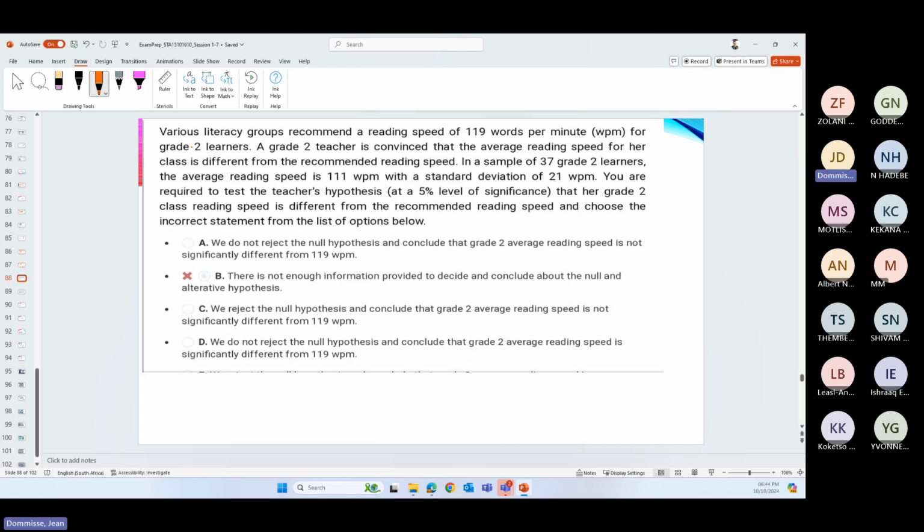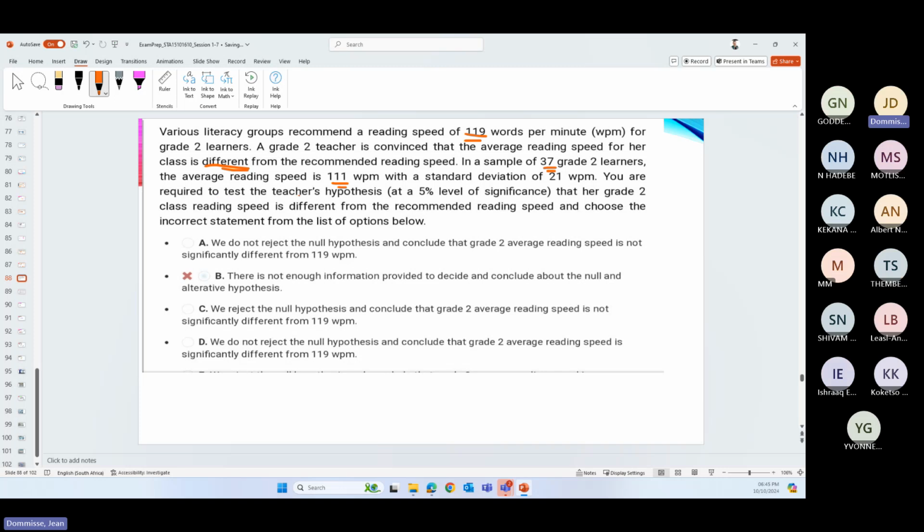So the literature group recommends that the reading speed is 119 words per minute. The grade 2 teacher is convinced that the average reading speed for her class is different from the recommended speed. In a sample of 37 grade 2 learners, the average reading speed is 110 with a standard deviation of 21.